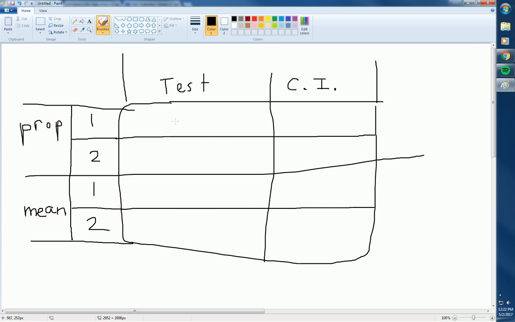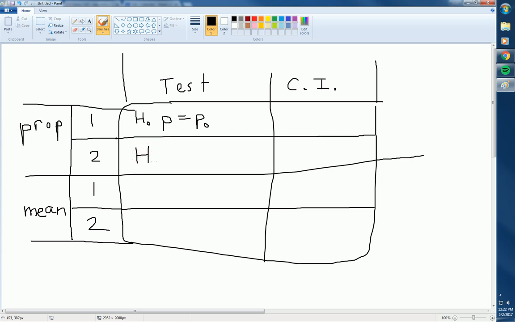So if you're talking about a test on one proportion, you're testing whether your population proportion is equal to some value p naught. That would be your null hypothesis. Your alternative will be that p is not equal to p naught, or greater than p naught, or less than p naught. But I'll just write the null here.